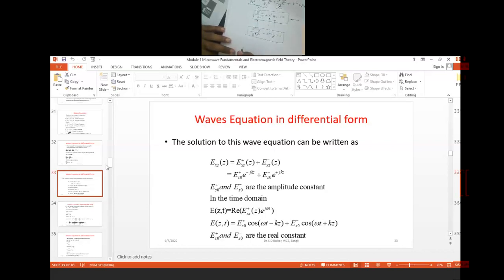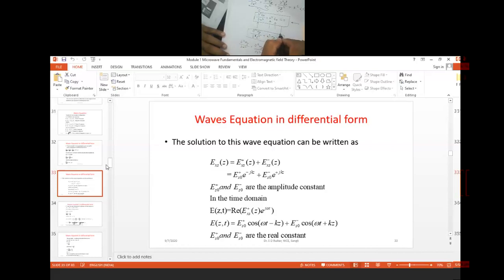In that particular case, the variation along x becomes 0, and the variation along y as well. Earlier, dou square Hy along x plus dou square Hy along y square becomes 0.